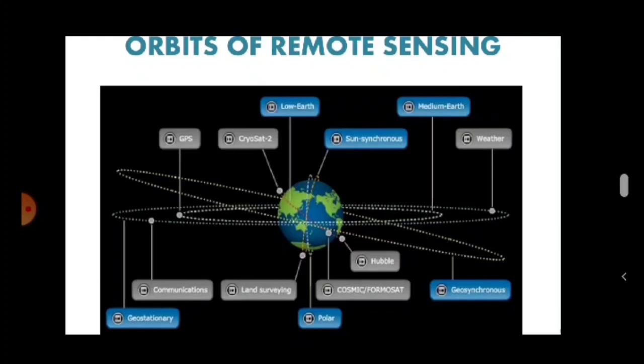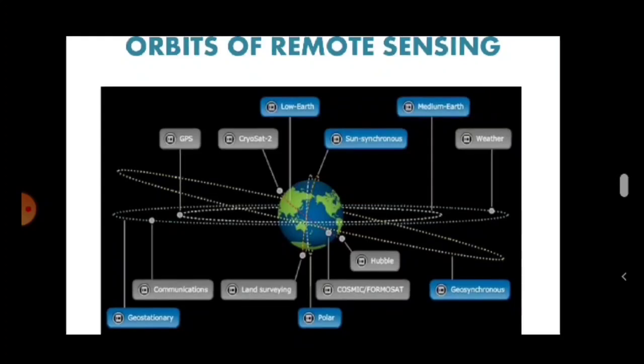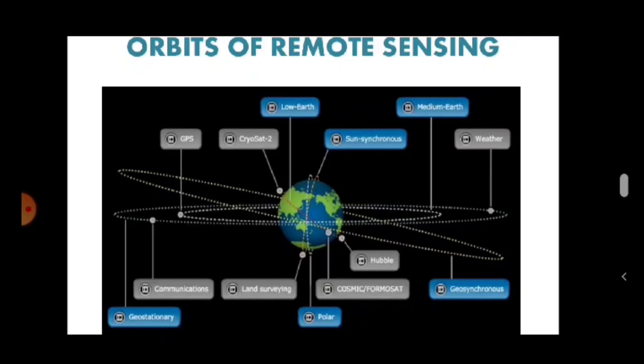A satellite is a man-made body sent to space for experimental or any other purpose around the Earth. Orbit selection can be done in terms of altitude and their orientation and rotation related to the Earth.